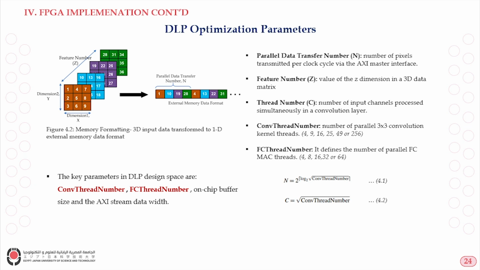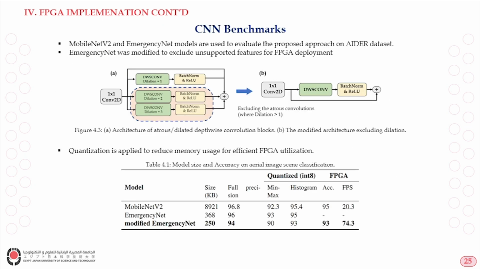We used two models to test the deep learning processor. One is MobileNet, which is common, and the other is emergency net that we were considering. We had to modify emergency net because it had some unsupported features, so we did some pruning to get a simpler architecture.